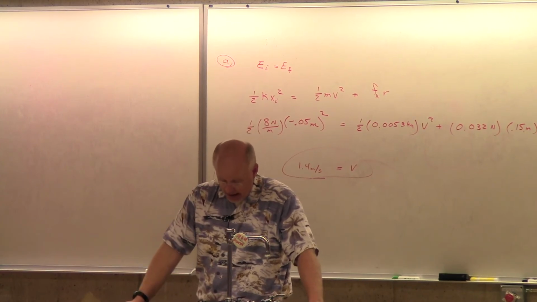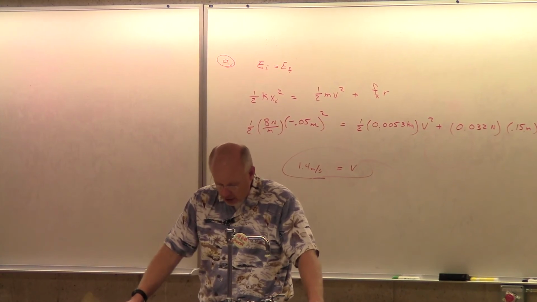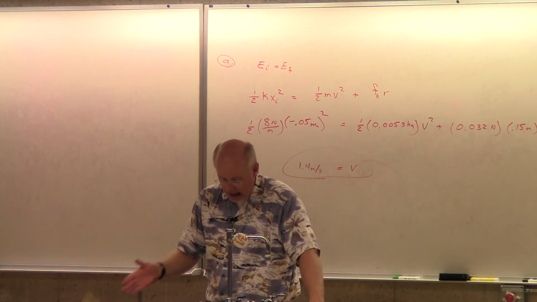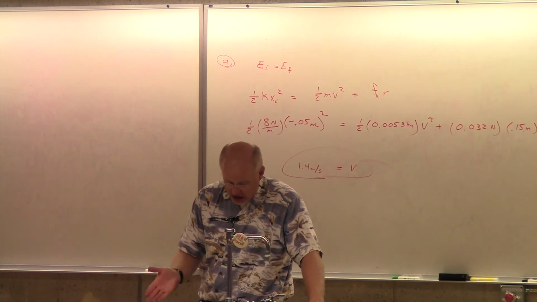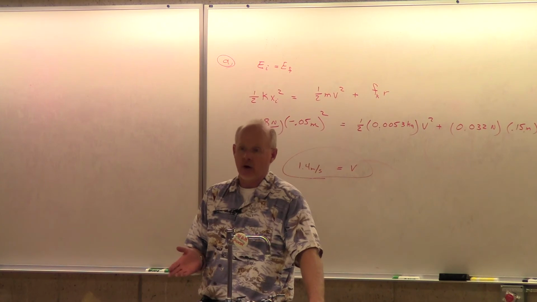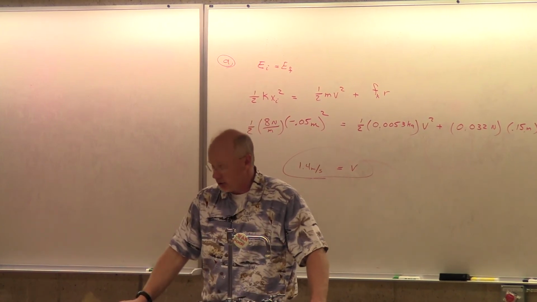A, how much work is done by the gravitational force? B, determine the increase in internal energy due to the friction. C, how much work is done by the 100 newtons. D, what is the change in kinetic energy? And then finally E, what is the speed of the crate when you pull it the full 5 meters?